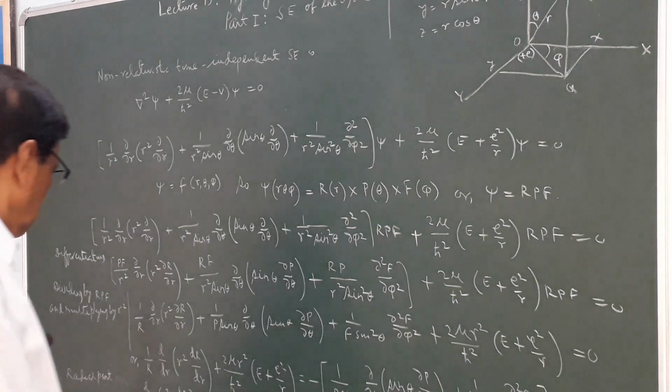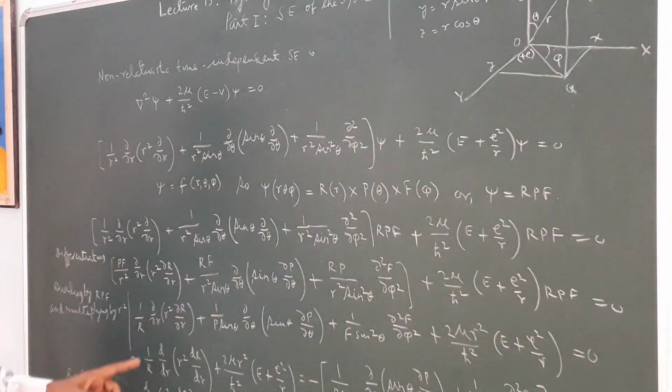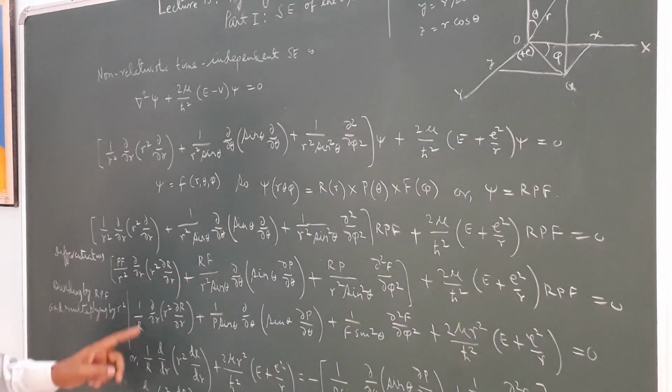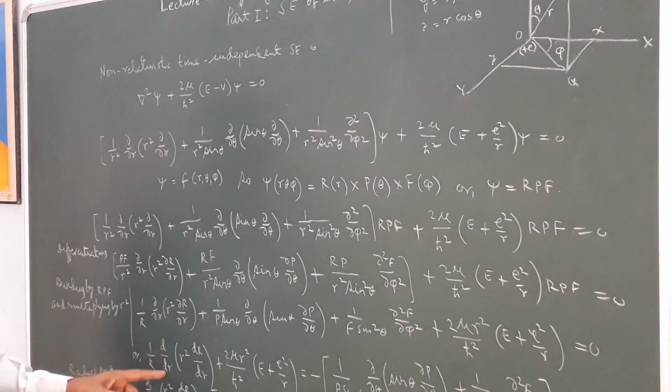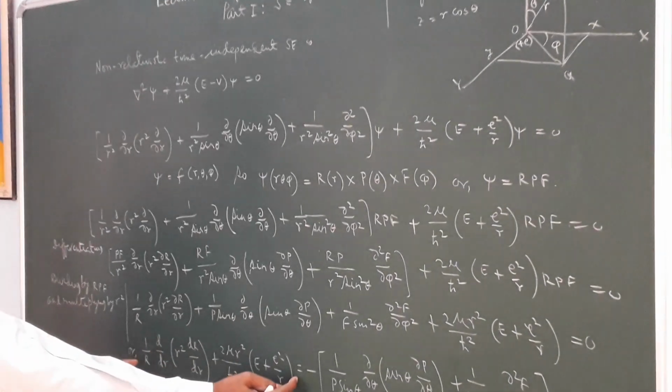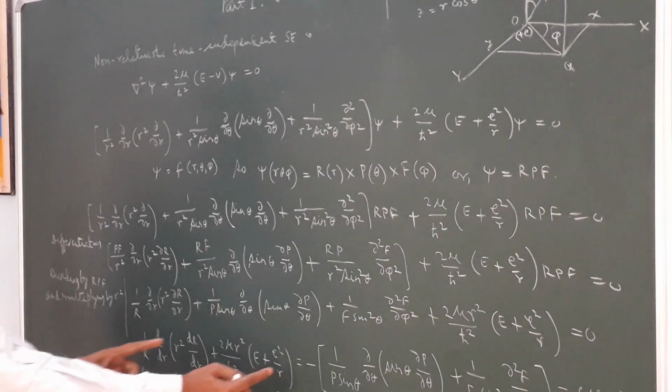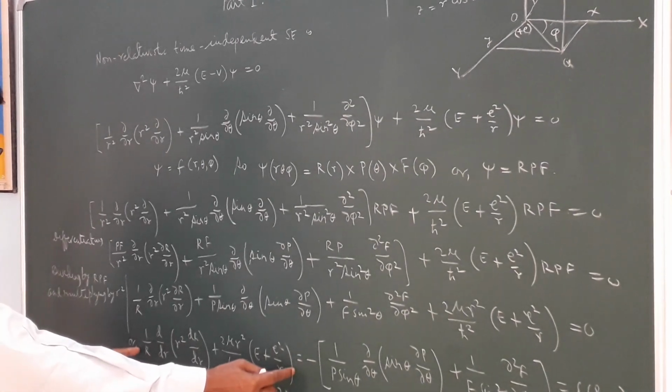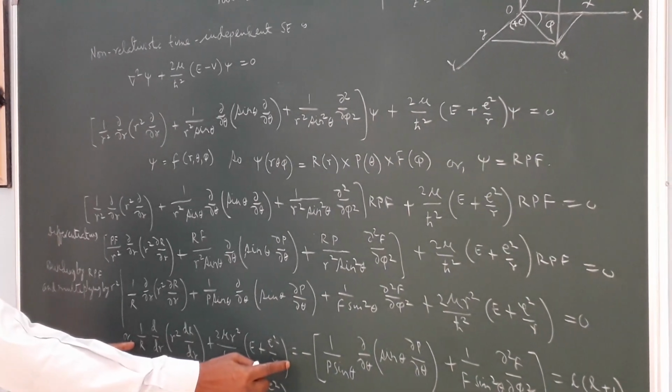So this can be written again as 1 by R, d by dr. Now it becomes a single variable. This r only contains an independent variable, a single equation.